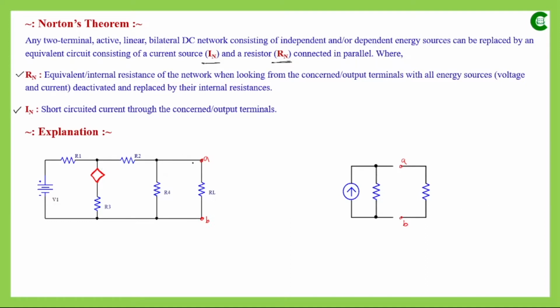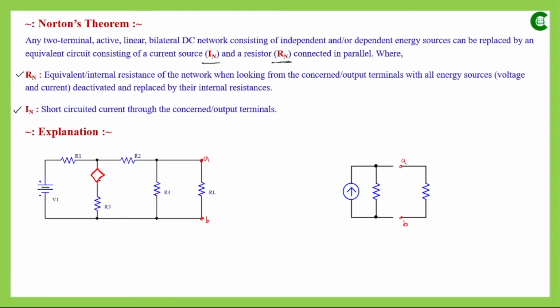Now in this DC circuit, we can see that we have multiple resistors, one independent voltage source, and a dependent source. This dependent source can be one of the four types that I have already discussed in that lecture; it can be a voltage source or a current source.